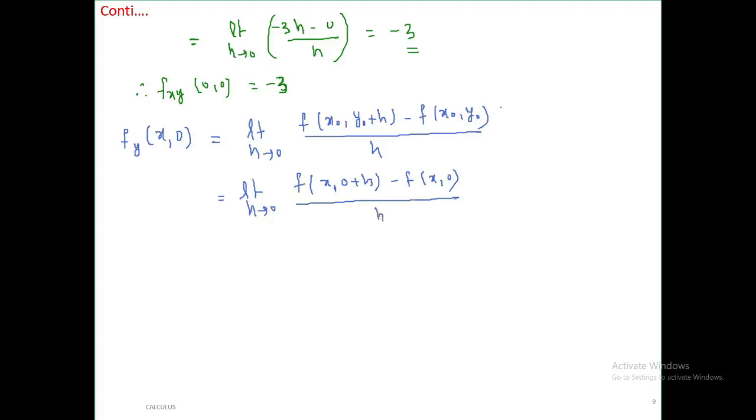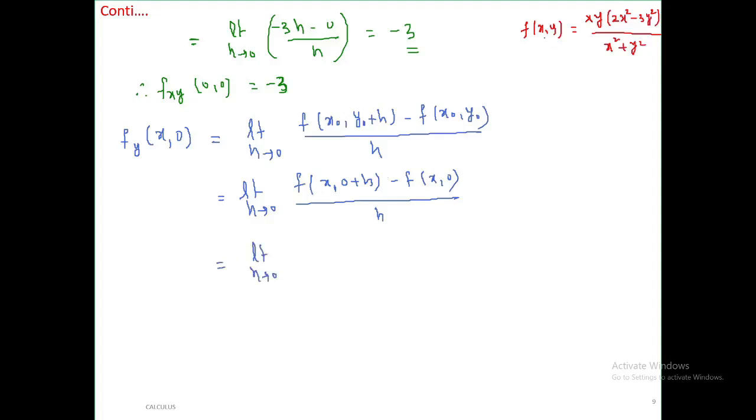Again let me write the function here. The function is f of (x, y) equals x y times (2x square minus 3y square) divided by (x square plus y square). Then substitute back here: limit h tends to 0, f of (x, h).